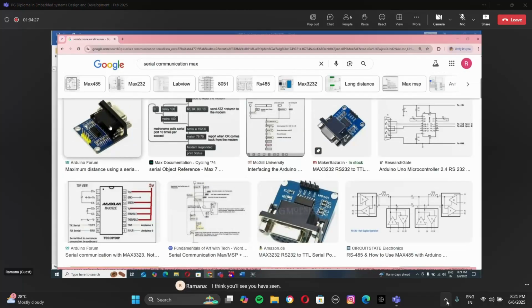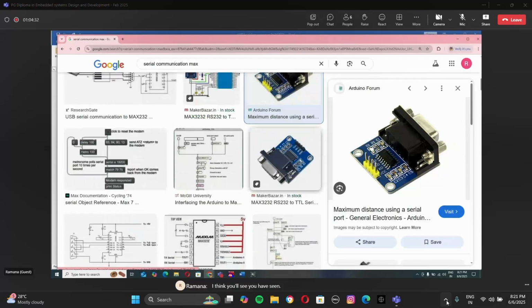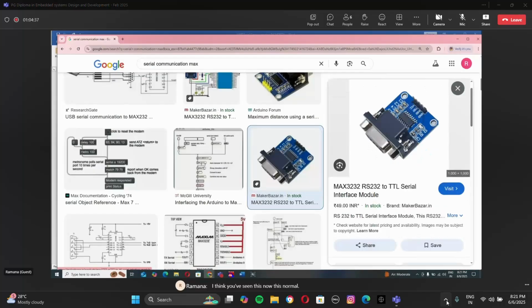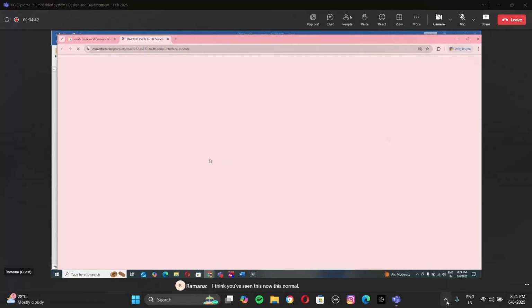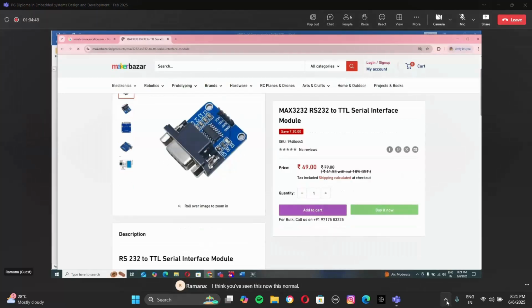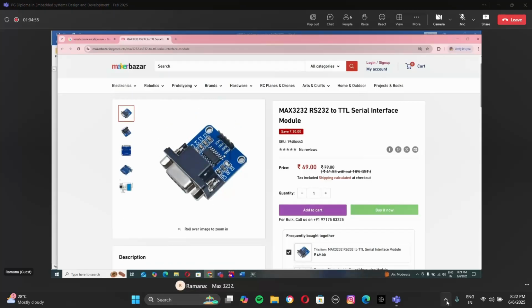This is a normal MAX3232, and this is the communication we will be using, transferring the data, receiver and transmitter, of the port we will be using for sending this data.